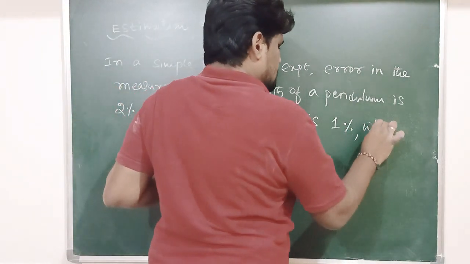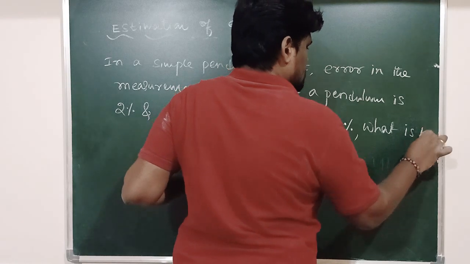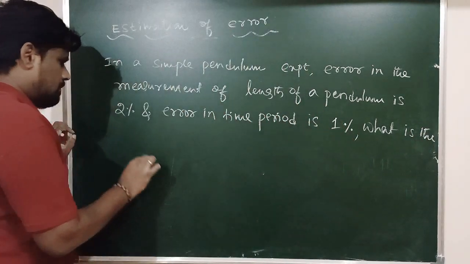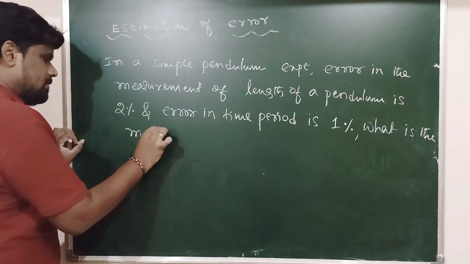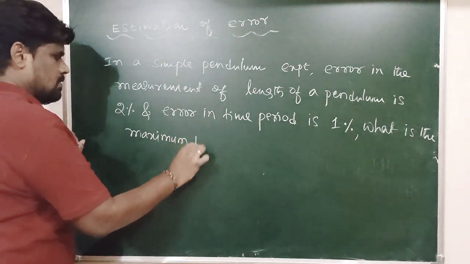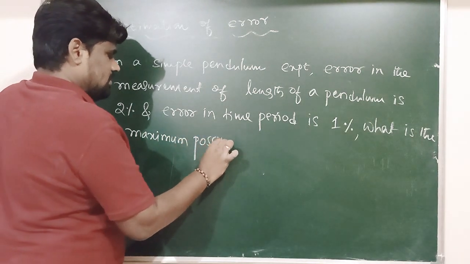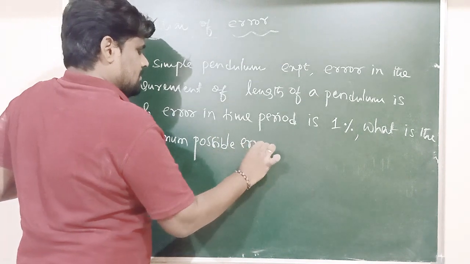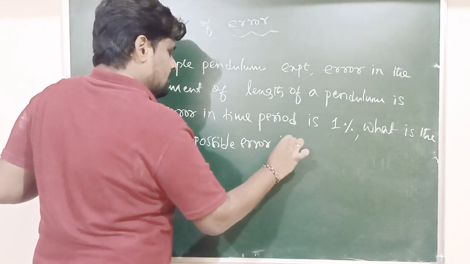What is the maximum possible error in g?